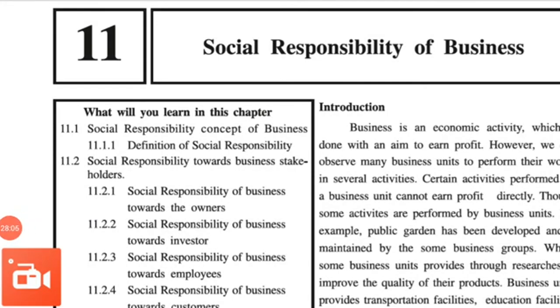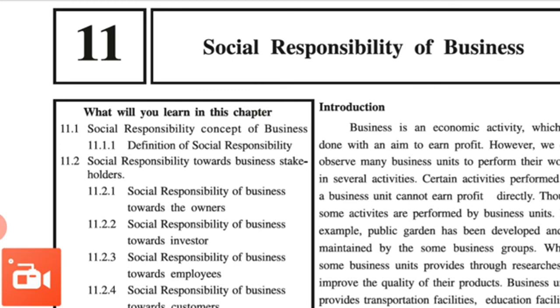Like a company issues equity shares, preference shares, debentures for money, and that money is of the public. Then a partnership firm also uses the money of the public. So if they are all doing their business with the money of the public, then they have a responsibility toward society, toward the public.